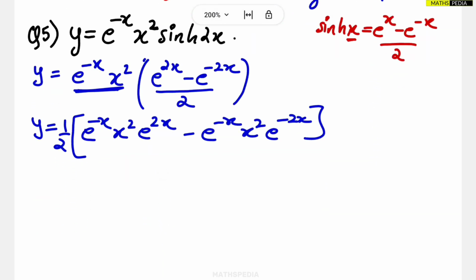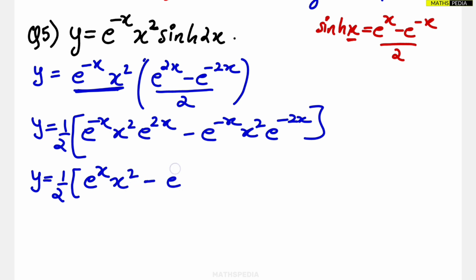Now here we need to understand that e power minus x and e power 2x, base is same, powers can be added, right? Here also powers can be added. You will be getting the answer as y is equal to 1 by 2 into e power x into x square minus e power minus 3x into x square.